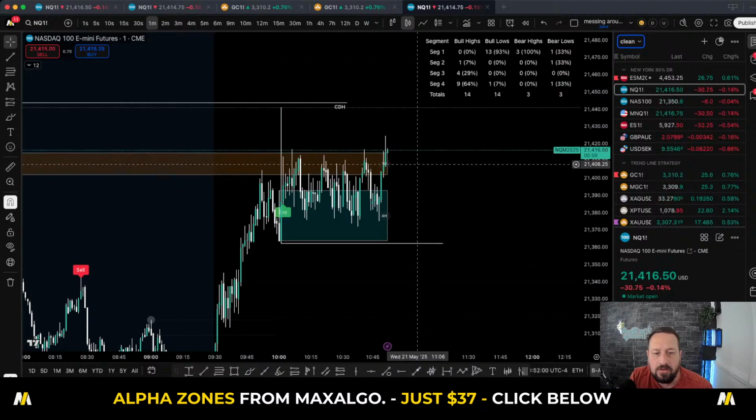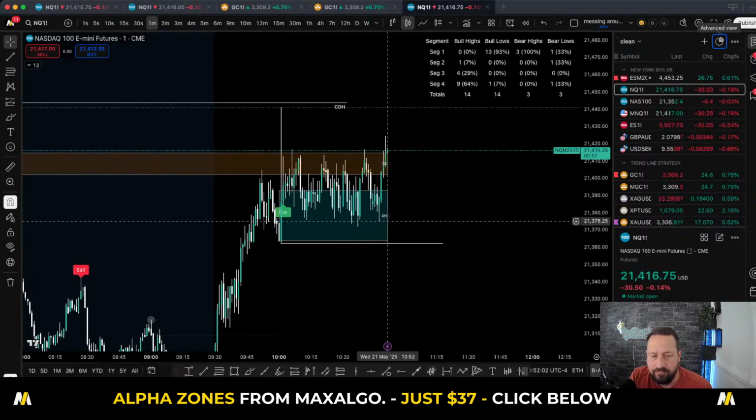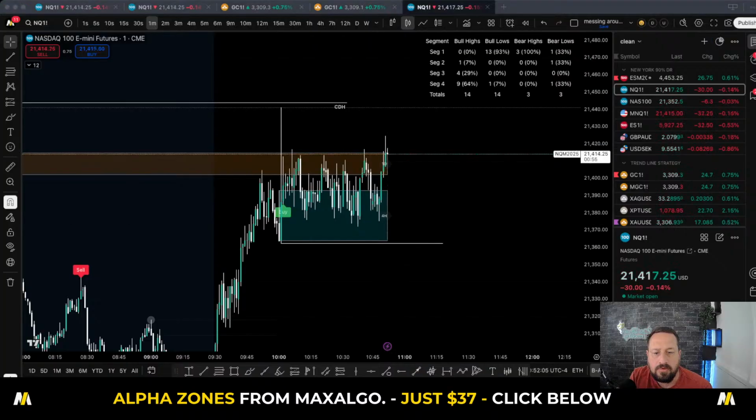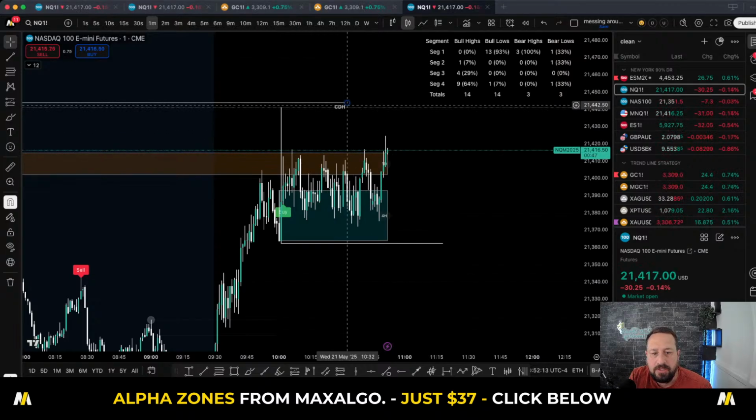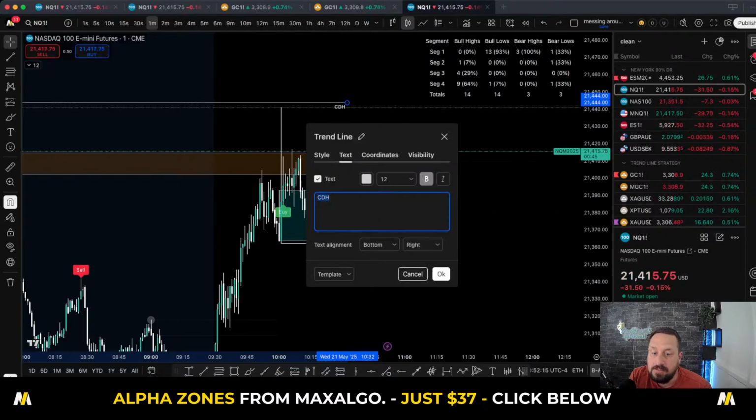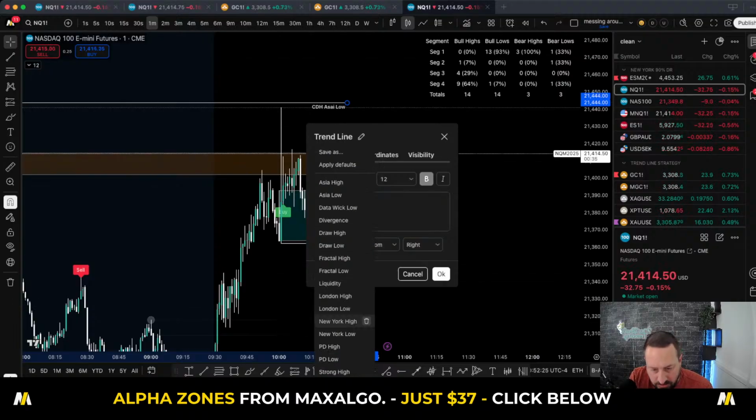See if we can hold. And then maybe we're going to go for current daily high and Asia low as well. Actually, I'll just make it Asia low, Asia high, sorry.